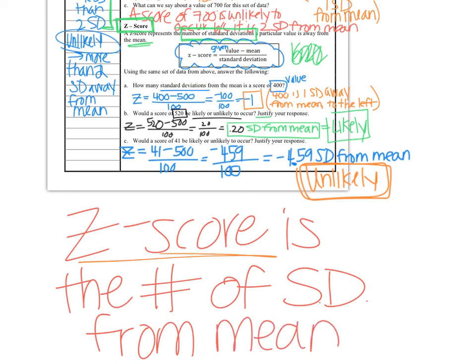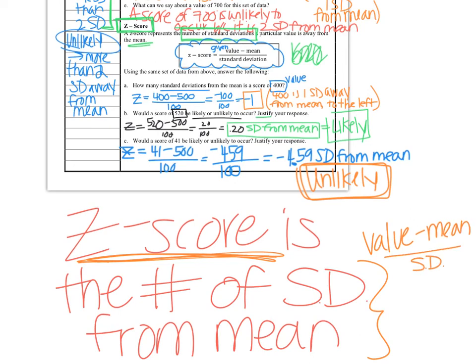Z-scores seem scary, but I promise you they're not, as long as you remember that they are the number of standard deviations from the mean. And you calculate it by value minus mean over standard deviation.